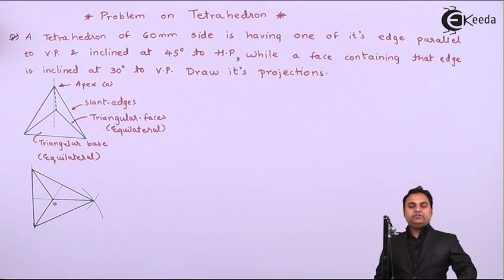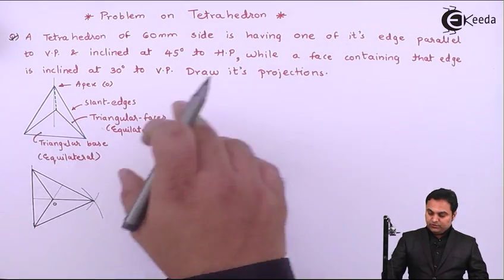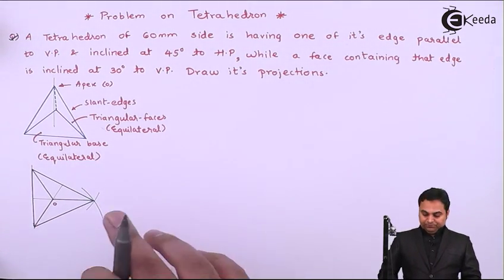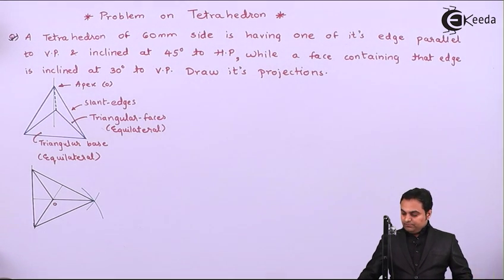So in this way the tetrahedron will look from the front, resting on its edge. This edge will be parallel to VP. Now taking this as the initial condition, I'll start completing the solution for this.